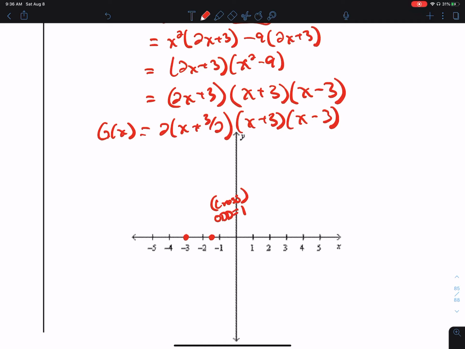This is also odd, degree of 1, so it crosses, doesn't change concavity. And then x equals positive 3 is another 0. This one is odd, degree of 1, so it also crosses. So these are all crossings.